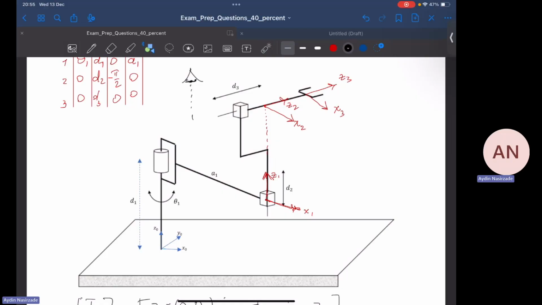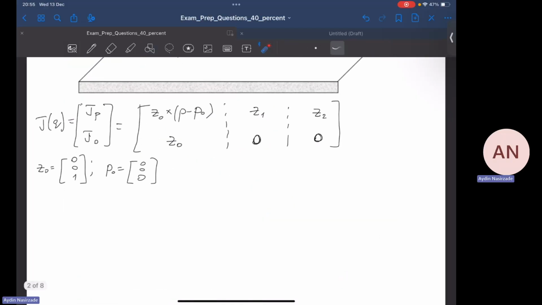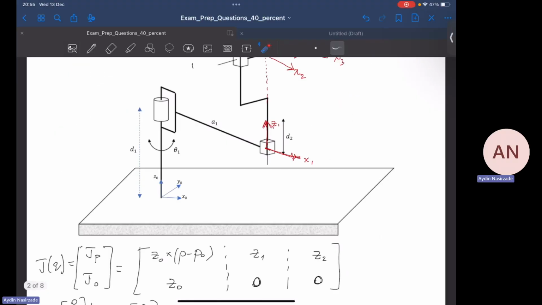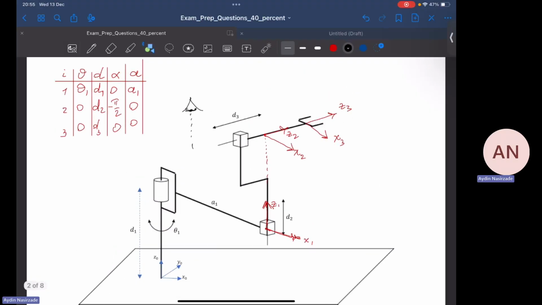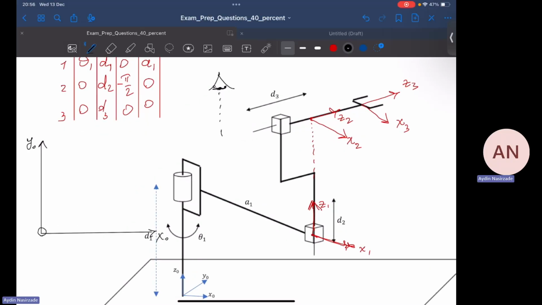You know what I'm doing here? I'm trying to find P using geometric inspection. This is y0 and x0, and I have the revolute joint here.